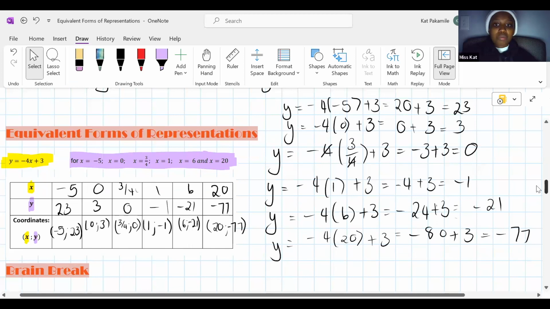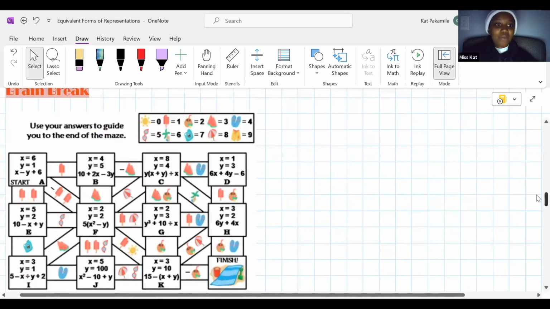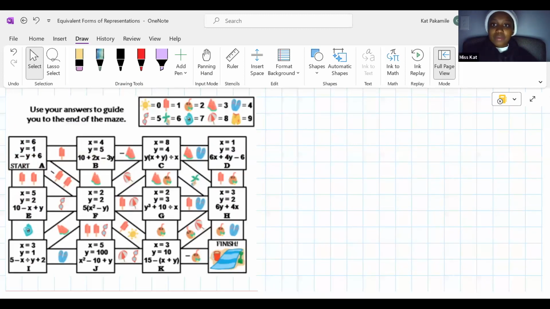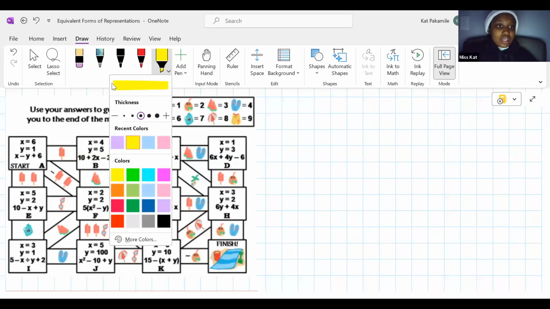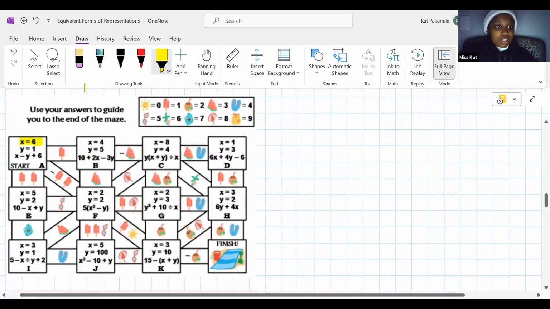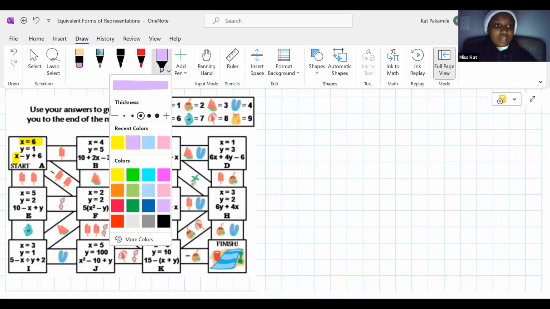Let's have a quick brain break. We have a maze. This is how it's gonna work. You're gonna substitute the x and the y. Where it says x is equal to 6, you substitute it there. If y is equal to 1, you substitute it there, and you find your answer.